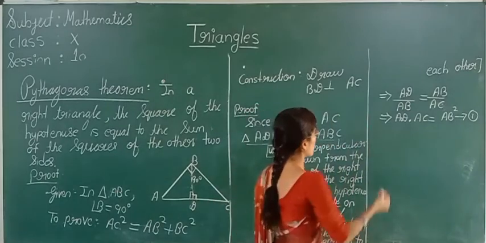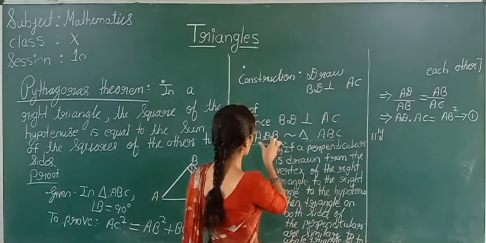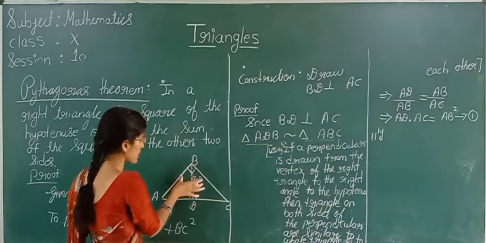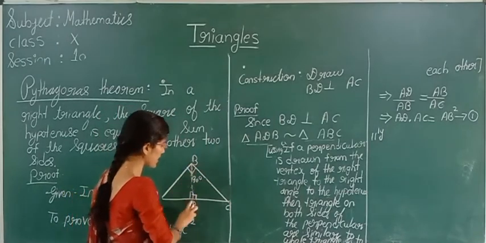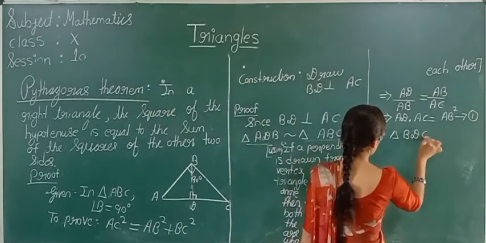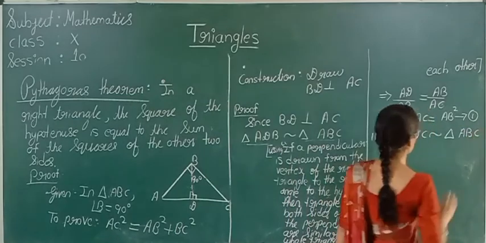Similarly, triangle ADB, this small triangle, is similar to the bigger triangle, and triangle BDC is similarly similar to triangle ABC.